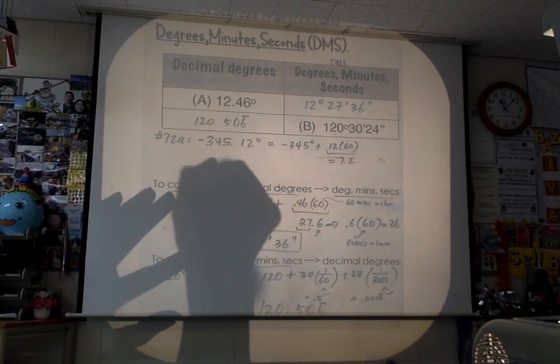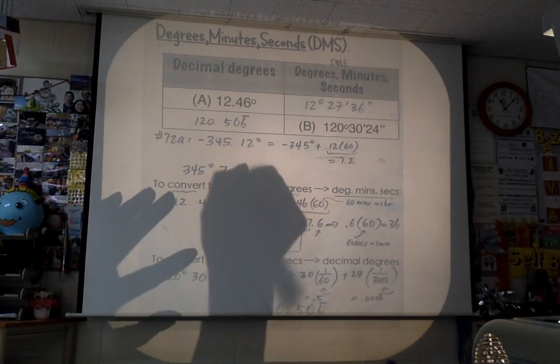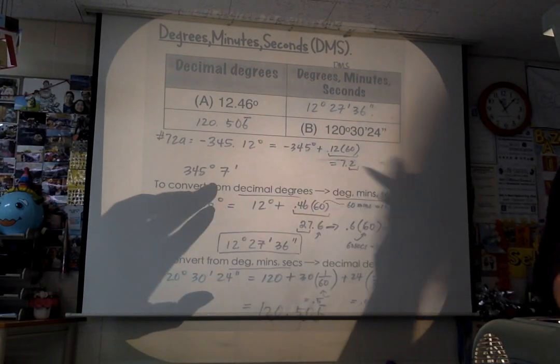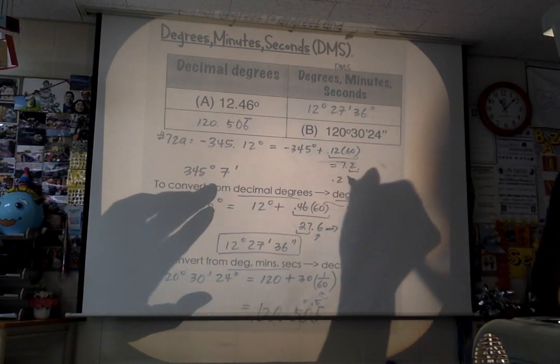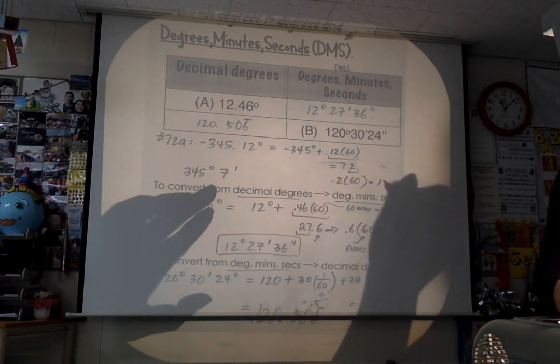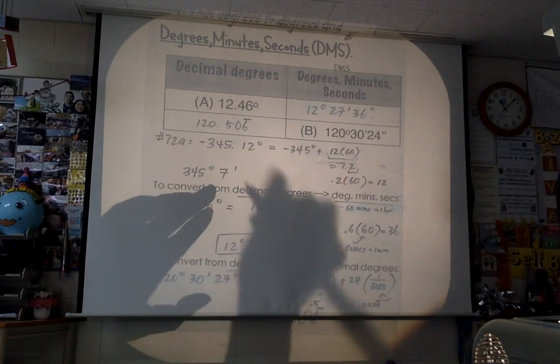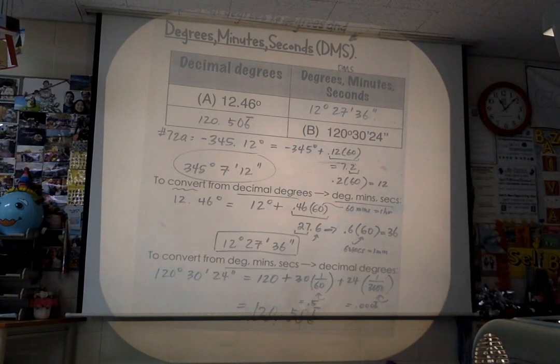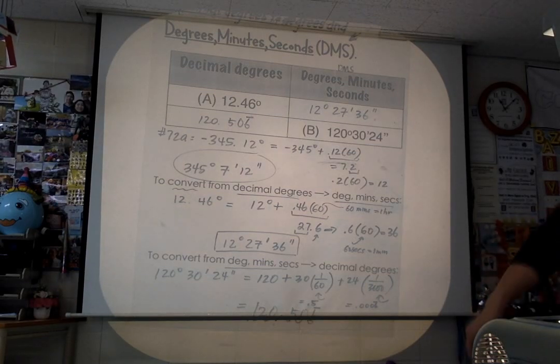So I know I have 345 degrees, 7 minutes. I need to get seconds, which means I take the decimal part here, 0.2 of 60 again. This is equal to 12. So I got 12 seconds. Check that. But now I'm going to give you an opportunity to check this all on your calculators. Believe it or not, your calculator has all these functions.